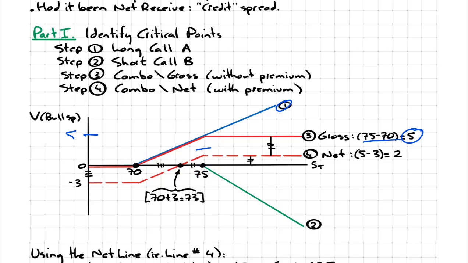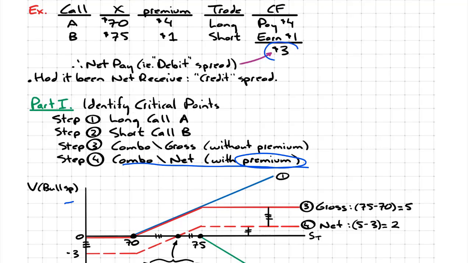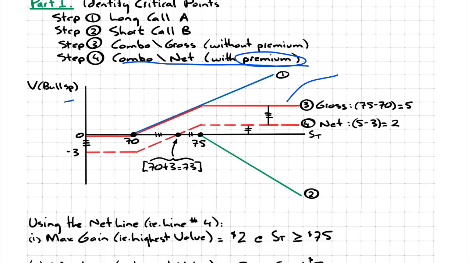Now the final step is to take the premium into account. When you do that, you have to ask yourself, did I pay the net premium or did I receive the net premium? Well, as we determined early on, this $3 was a net pay. So the solid red line is going to shift down by 3, and you see me doing that right here.